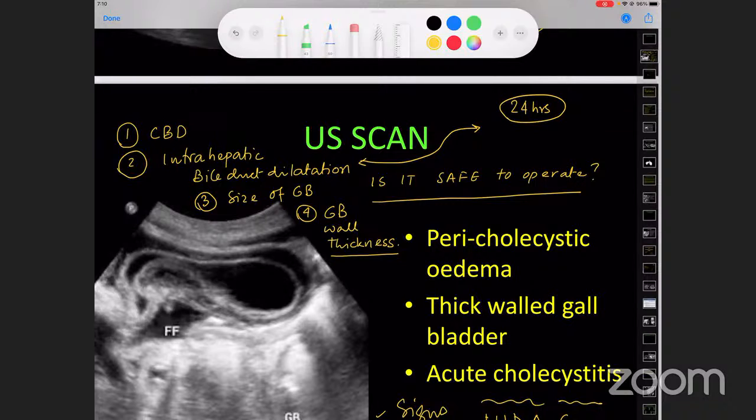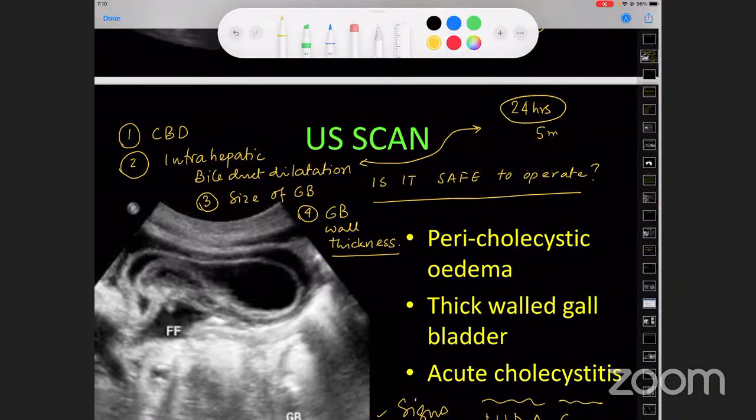We found that 5 millimeter is the critical thickness over which, if we give a course of antibiotics and wait for 7 days, in about 65% of the patients the thickness reduced and it became an easy lap chole. The rest of the patients had a conversion, and our rate of conversion was around 42%. That's pretty high.